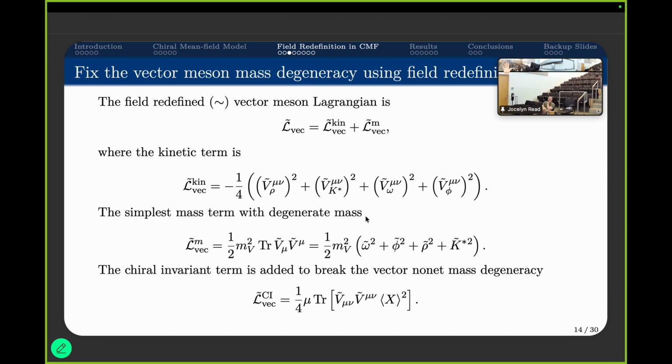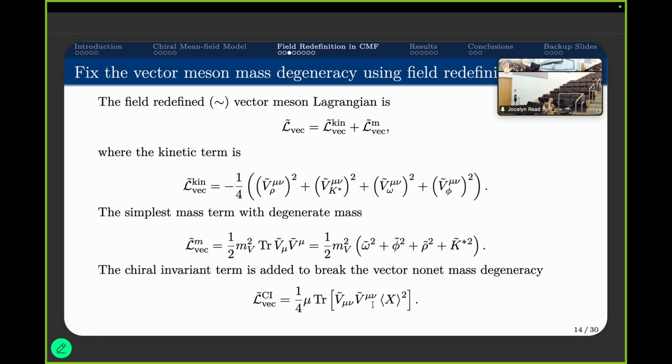The simplest mass term with degenerate mass we can write in this way. Here we can see all the vector mesons have the same mass, but we want to break this mass degeneracy. We did it by using a chiral invariant term, which has a cross term between the vector mesons and the scalar mesons.